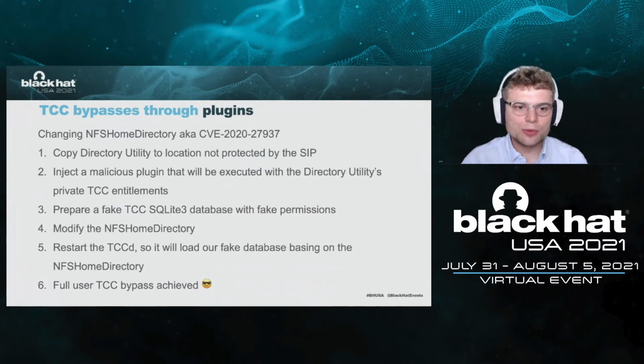Then we have to prepare a fake TCC SQLite3 database with fake permissions. After that, we modify the NFS home directory, so now it will be pointing to our fake location that TCC will resolve in the end to the fake database with the fake permissions.